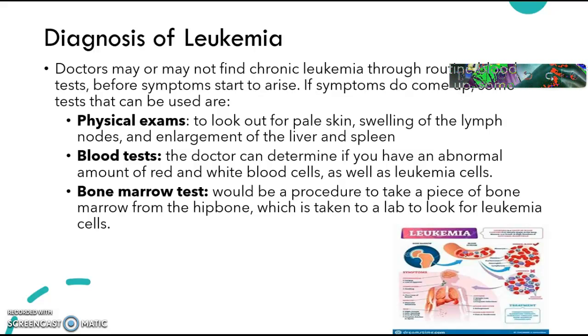This is basically a procedure, like a surgery, to take a piece of bone marrow from the hip bone. It's taken from the hip bone because that's probably the largest mass. So you'll get a decent idea if there are any leukemia cells in that bone marrow to see if they have leukemia or not.